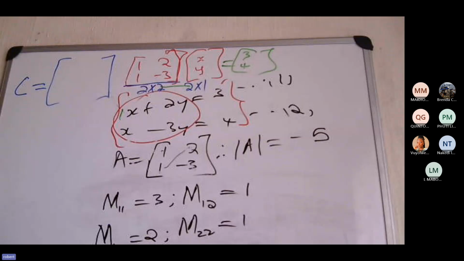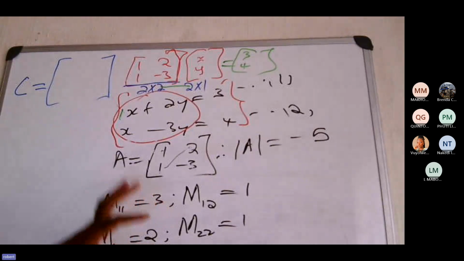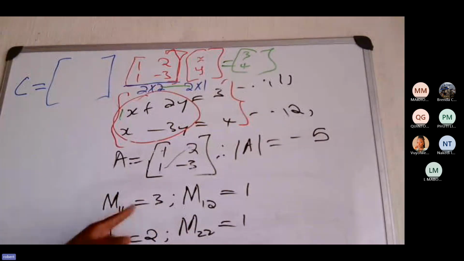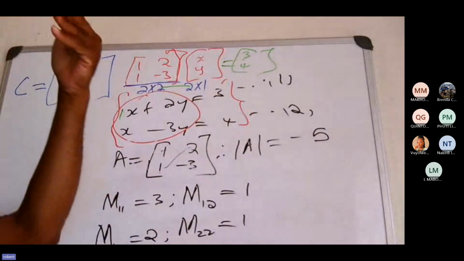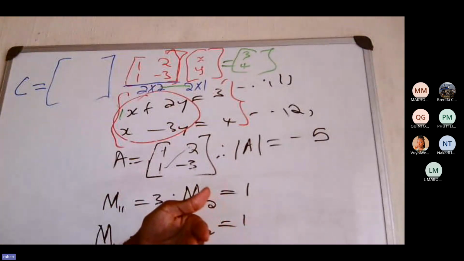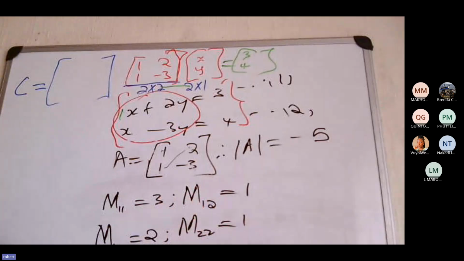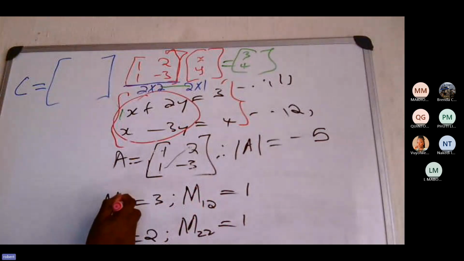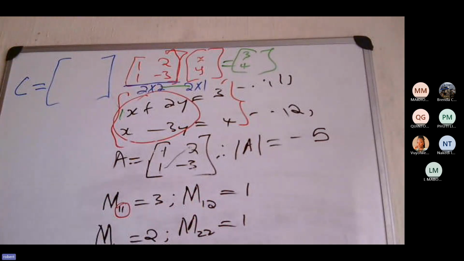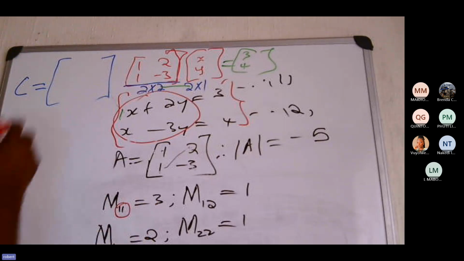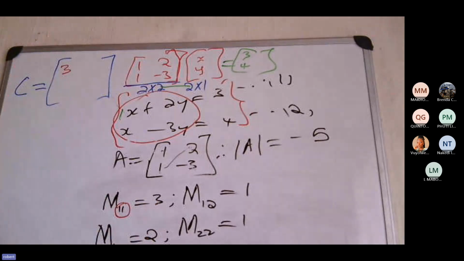We know it must be the product of the minor and the factor sign. We have said if the sum of the indices is even, then that's plus. The sum of 1 and 1 is 2, which is even. Therefore, it will be just 3 multiplied by positive, so it will be 3.